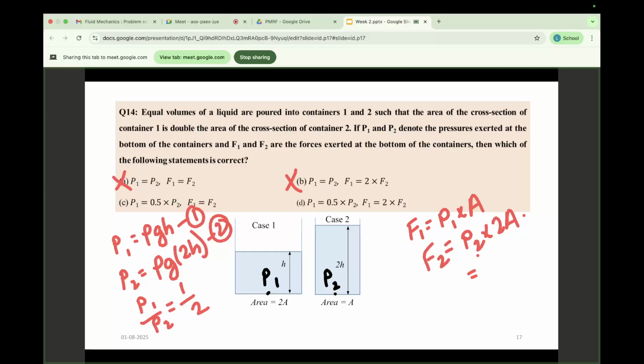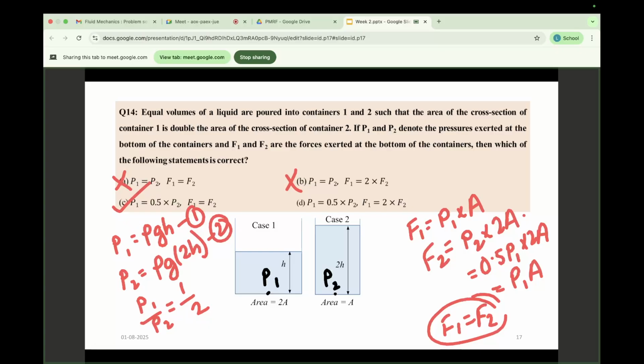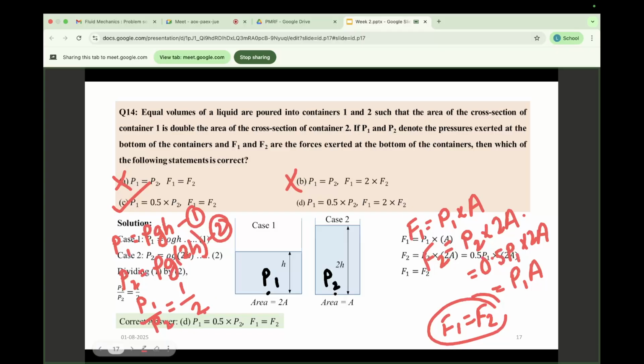We got P2 equal to 0.5 P1. So that means here it is P1 A. So F1 and F2 are equal, so option C is the correct option. Though I have mentioned option D here, it is by mistake. It should be option C. Option C is the answer.